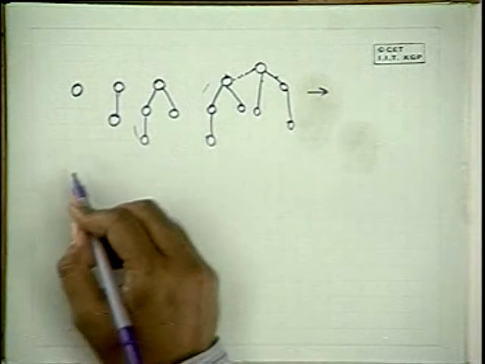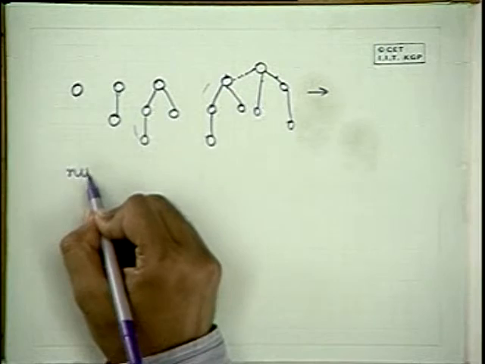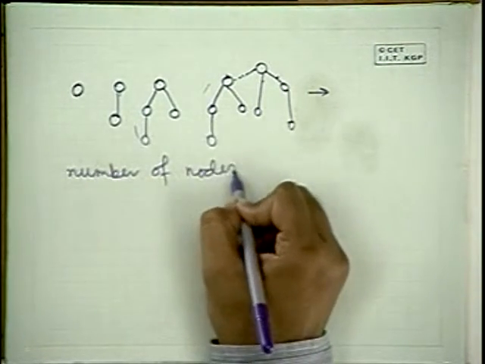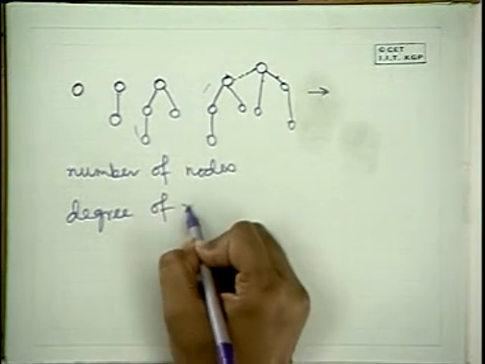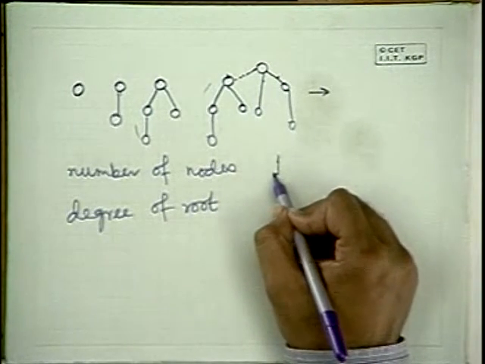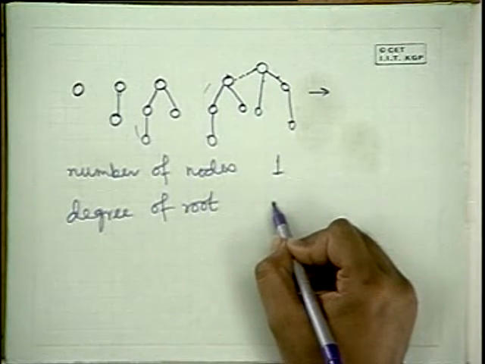Okay, but look at the degrees of the node now. What is happening? Suppose I just list down the number of nodes and degree of root. Number of nodes 1, what is the degree? 0.